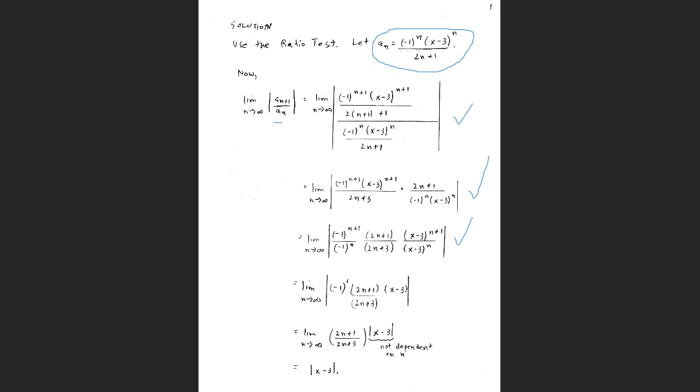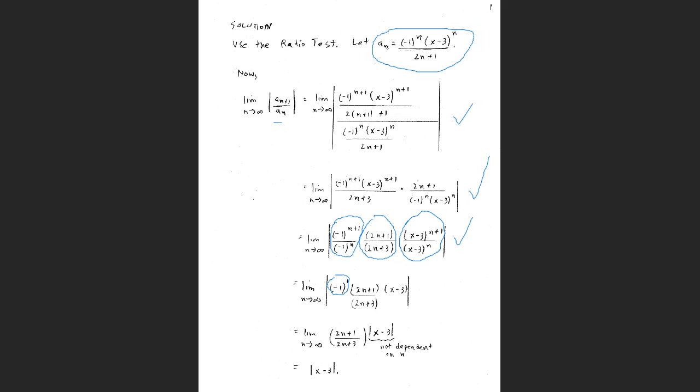Okay, so now what we do is we reduce the best we can each of our little expressions here. And of course, the absolute value of -1 to the first power just becomes a positive 1.